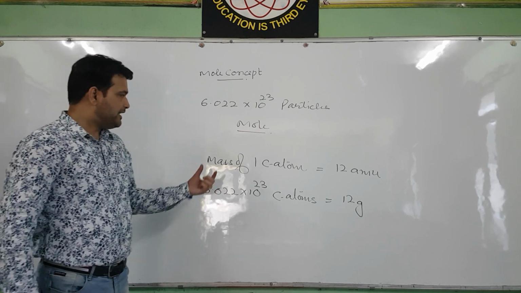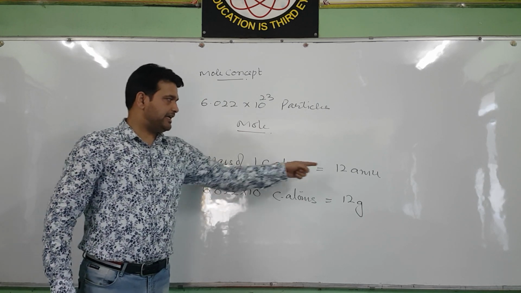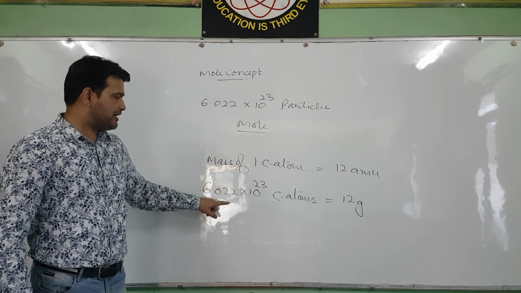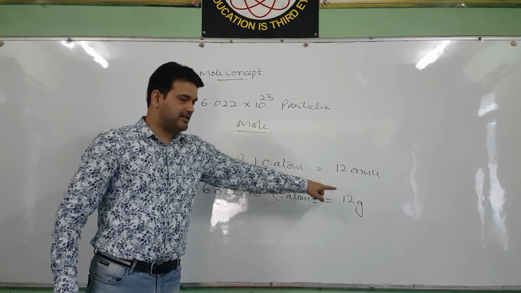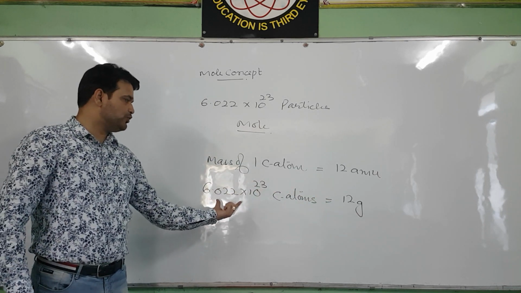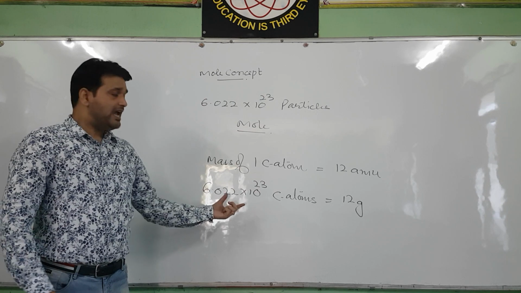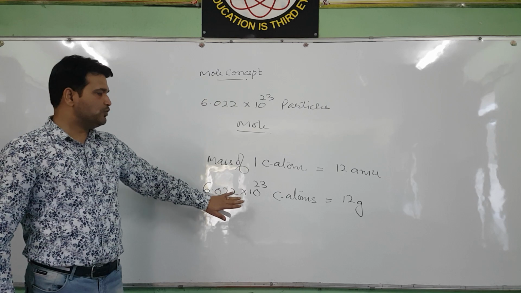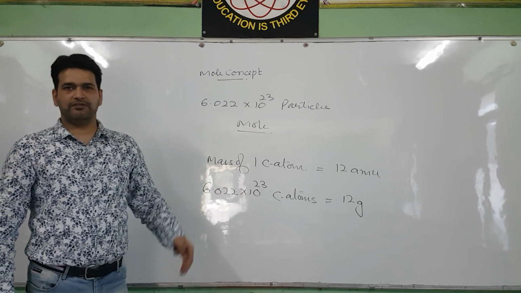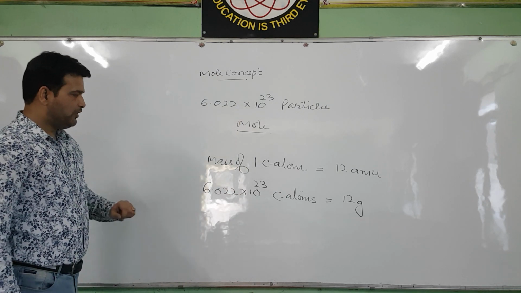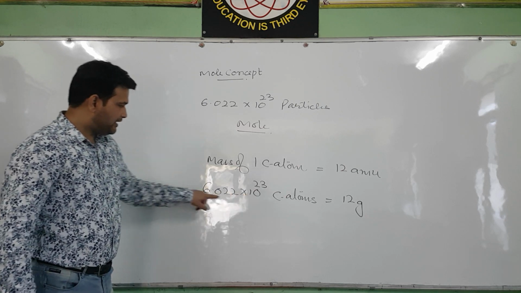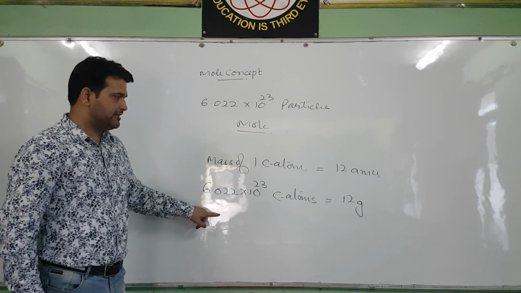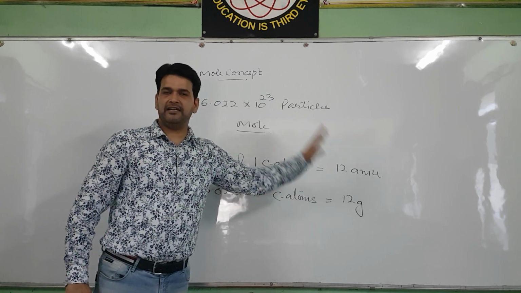It means the mass of one carbon atom is in AMU, but if we want to express the mass of carbon atoms in grams, then we have to use this number. And this is true for carbon, and similarly for all the atoms of the periodic table. When this number of atoms of any element is there, their mass will be expressed in grams.